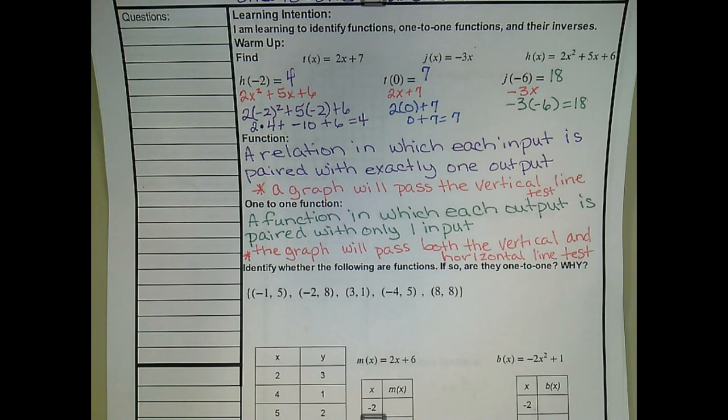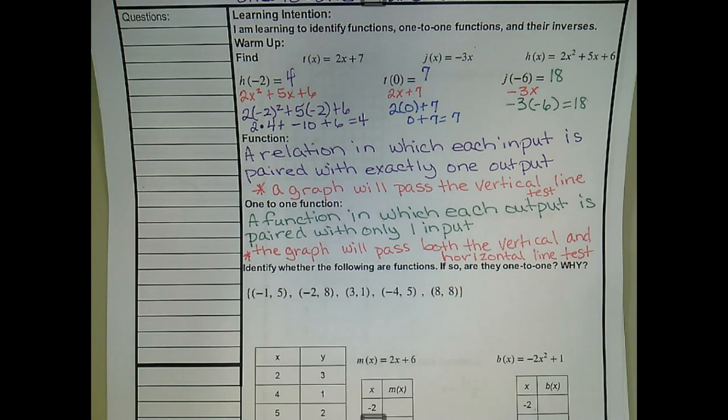If you're looking at a graph, it will pass the vertical line test. So when you're looking at any set of numbers, your x value cannot repeat, or it's simply a relation and not a function.